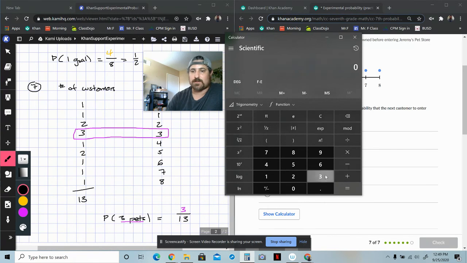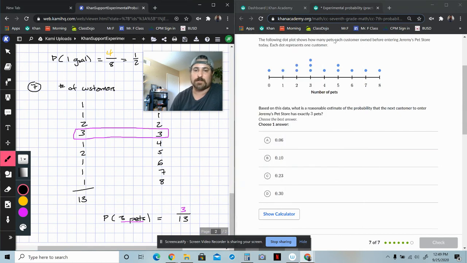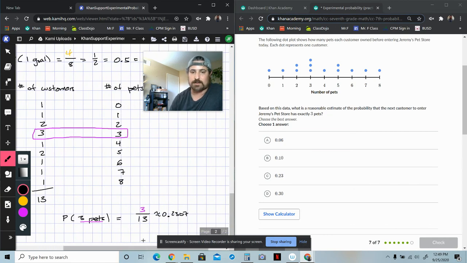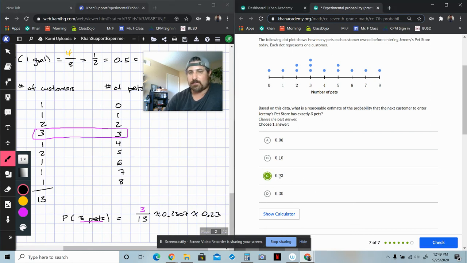So 3 divided by 13 is 0.2307, and so on. So I'm just going to do approximately 0.2307. And then we can, of course, approximate that to the nearest, let's say, hundredth. So it looks like that would be about 0.23 or 23% of their customers had exactly 3 pets. And so that would be 0.23, right there.